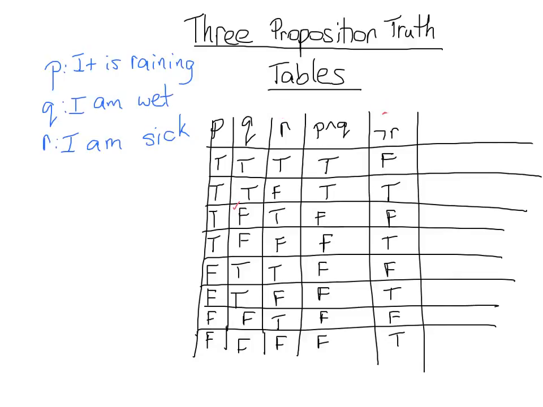Let's join the 2 things that we just did with or, but not both. So we have here P and Q, which we did.